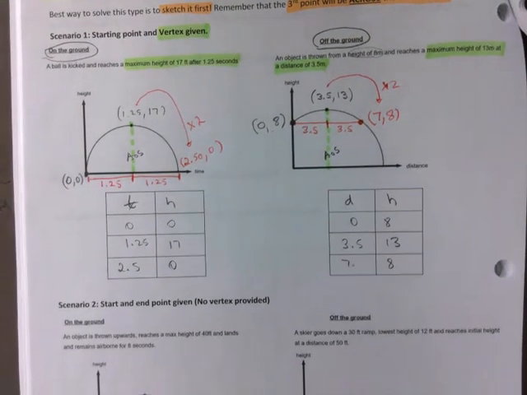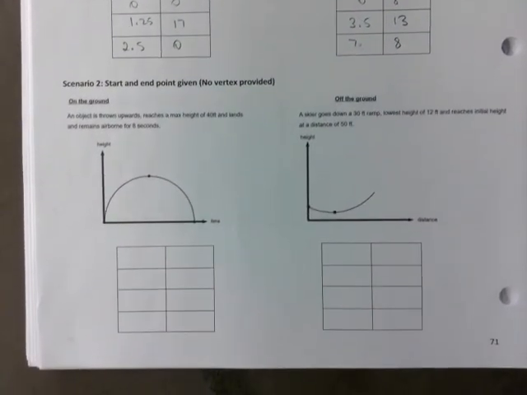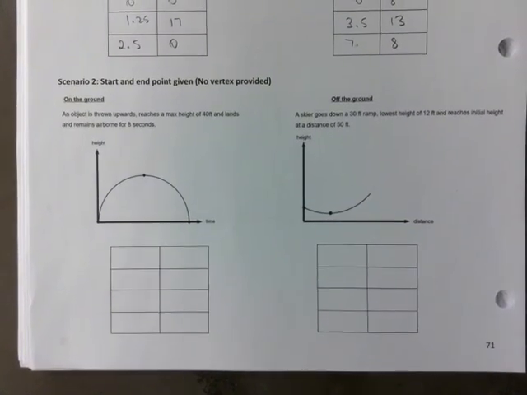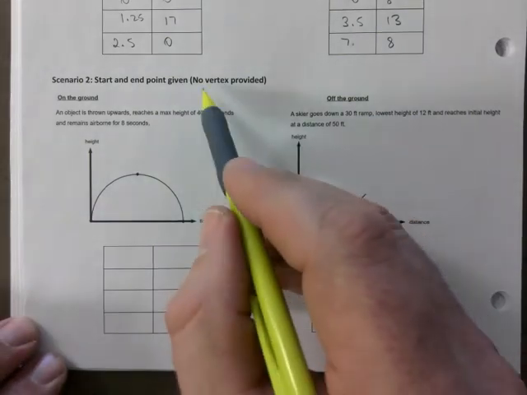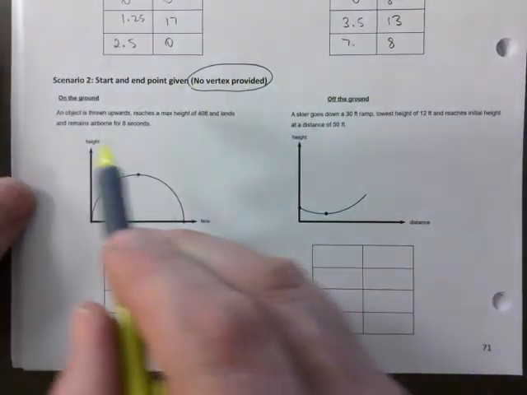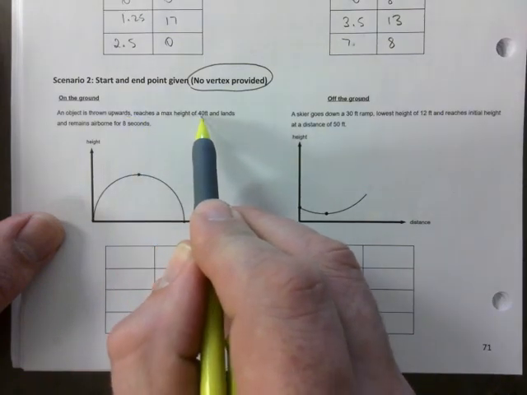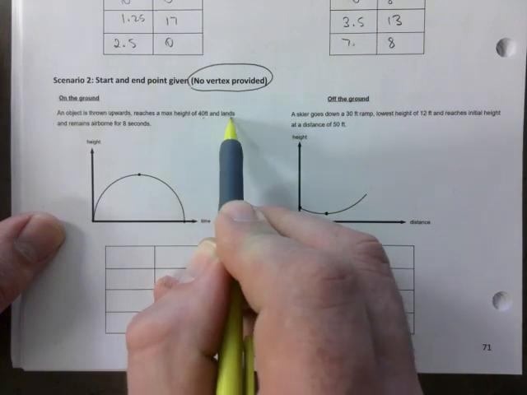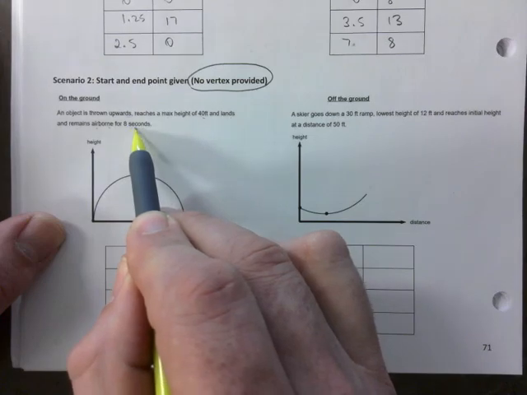Let's go and do a couple more here. Well, I'll do this one because in this case the vertex is not provided, not fully. Okay, so vertex is not provided. So I'm going to just circle that. An object is thrown upwards, reaches a maximum height of 40 feet, and lands and remains airborne for 8 seconds.